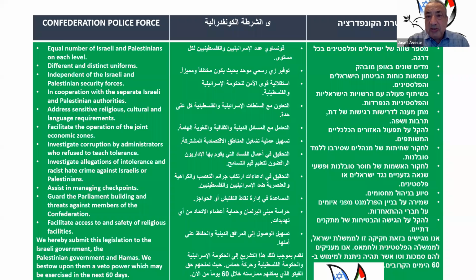The Israeli police remains the police of the Israeli people. The Palestinian police remains the police of the Palestinian people. They have crime issues. They have to deal with it. But the Confederation police is tailor-made to deal with the Israeli-Palestinian sensitive issues, and to try to create as much of an atmosphere as possible to have no veto by the governments.